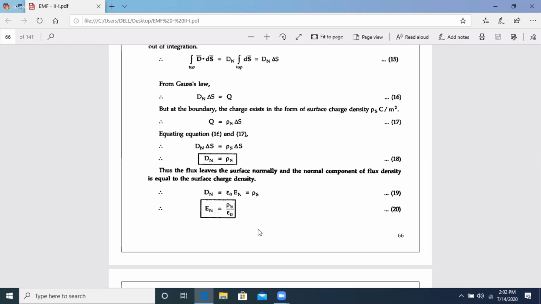I said, the boundary between two media lies in the XY plane.